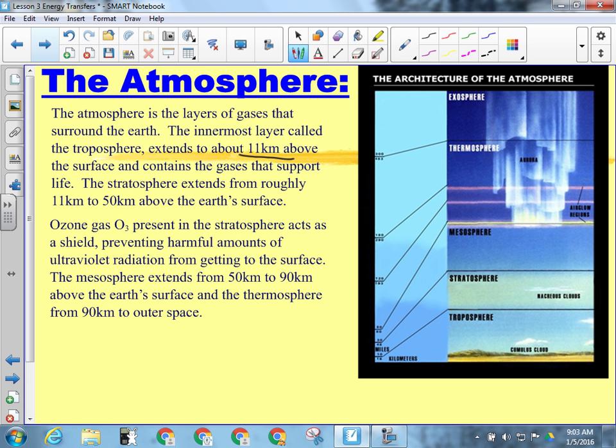We did have back in the early 90s, late 80s, really bad holes in the ozone layer. People didn't realize what was causing it, but it was actually propellants from aerosol cans and things like that that contained chlorinated fluorocarbons, CFCs, and they could destroy ozone.